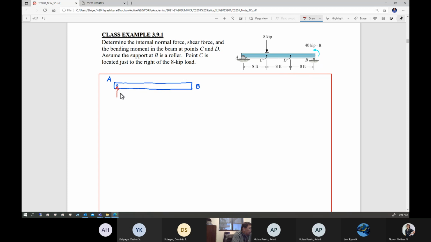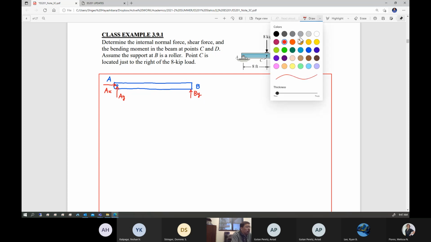This is the support reaction at the pin A in Y direction, AY, and the support reaction at the pin A in X direction, AX. And here is the support reaction at the roller, BY. So 3 unknowns you introduce.